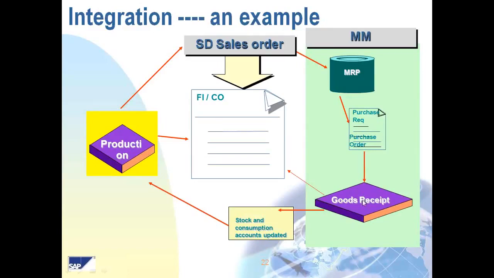It not only generates the MM document, but also generates the FI document. The GR which is received is going to be consumed and update the production, which means it also updates the controlling module along with FI. So this is a small integration point between FICO along with MM and PP departments with SD.